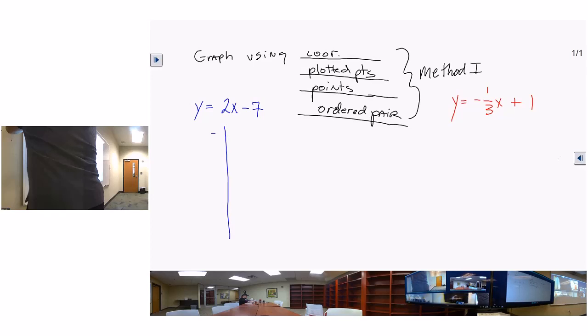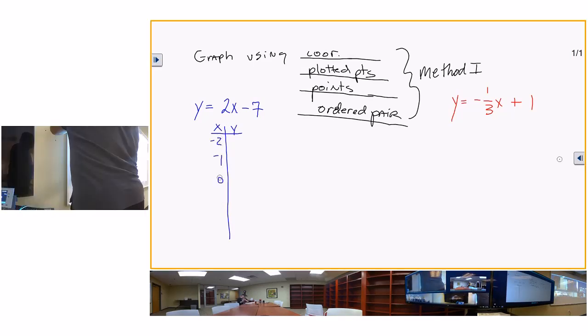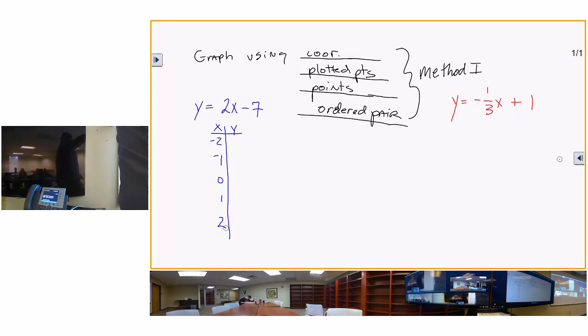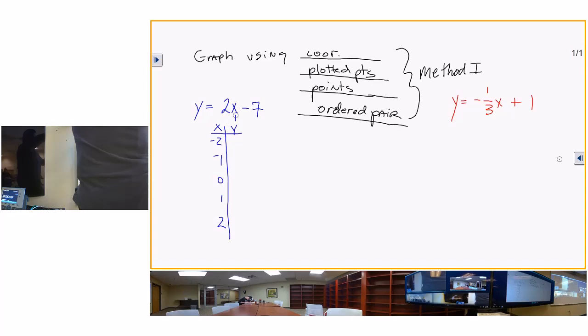So here's my points. 90% of the time, what am I going to use? -2, -1, 0, 1, and 2. Now, a lot of people are going to ask this question: why are you using so many points? I'm lazy and I don't want to have to do as many points. The reason I use 5 points is for several reasons.